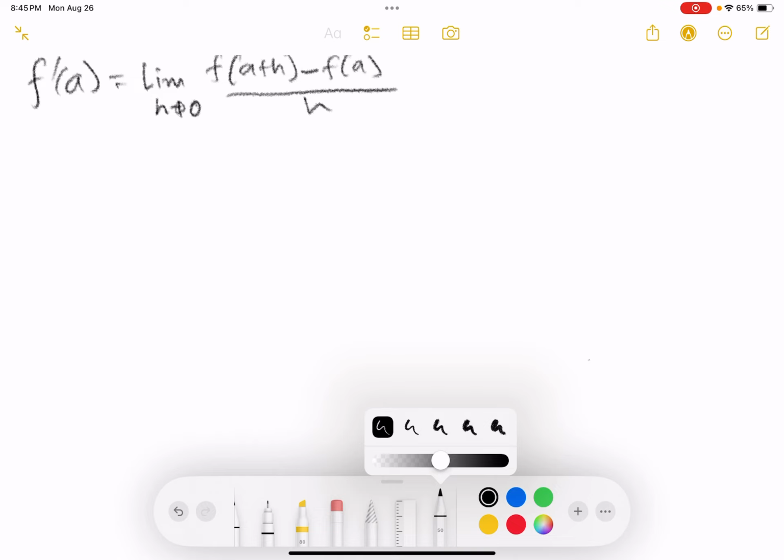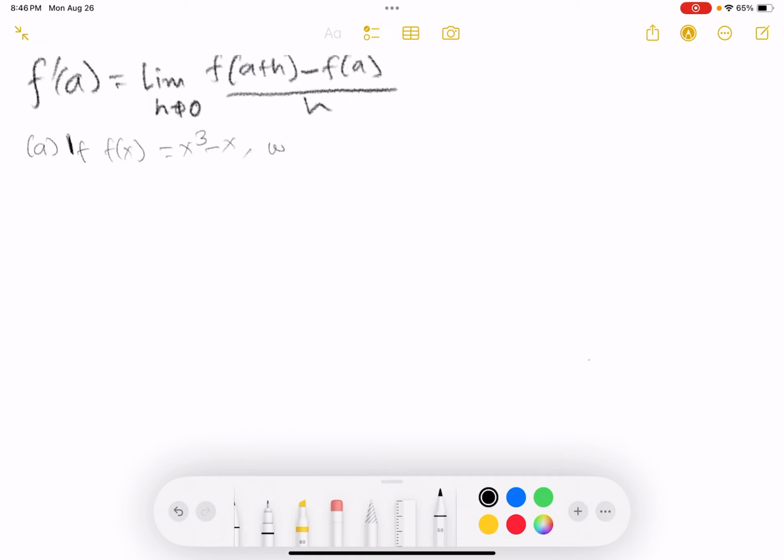So we will go straight to doing some examples, and I'll start off with a somewhat simple example. If f(x) is equal to x cubed minus x, what is f'(x)?